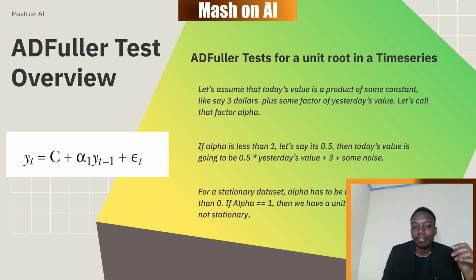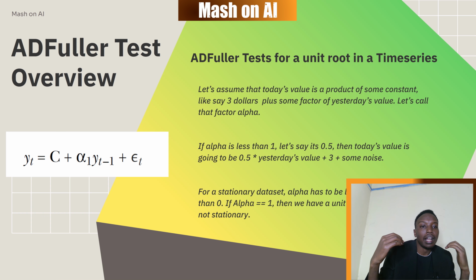But if alpha is greater than 1, it means every subsequent day, the price is increasing from the previous day. So if today the stock price was 20, tomorrow would be, let's say 23, since c is 3, and the day after that would be 23 plus 3, 26, plus some noise, maybe 1, would be 27. So it would always be increasing and you would have a trend.